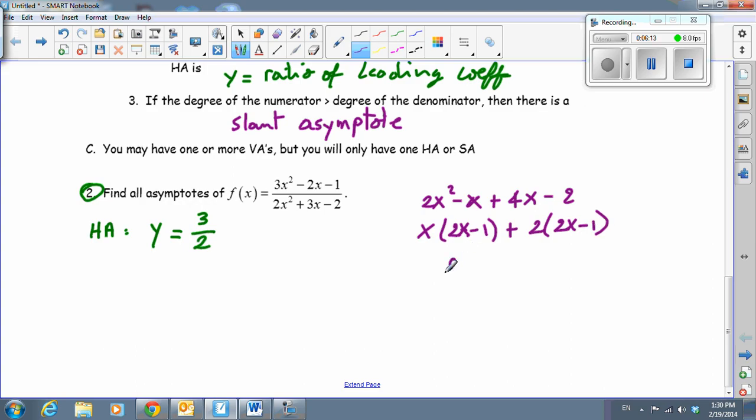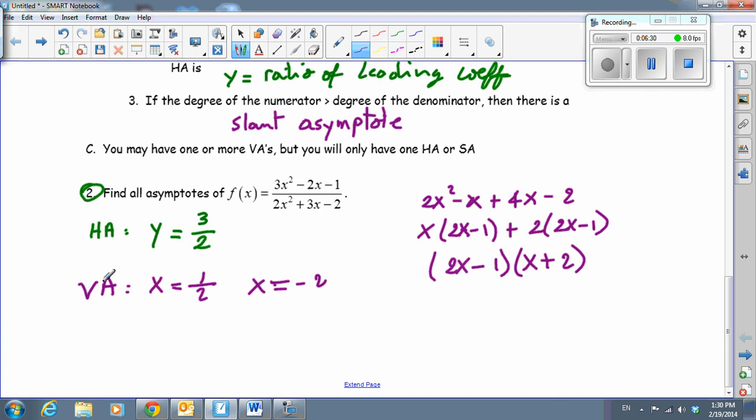If I continue to solve this, I end up with 2x minus 1 and x plus 2. It seems like we have vertical asymptotes at x equals 1/2 and at x equals -2.